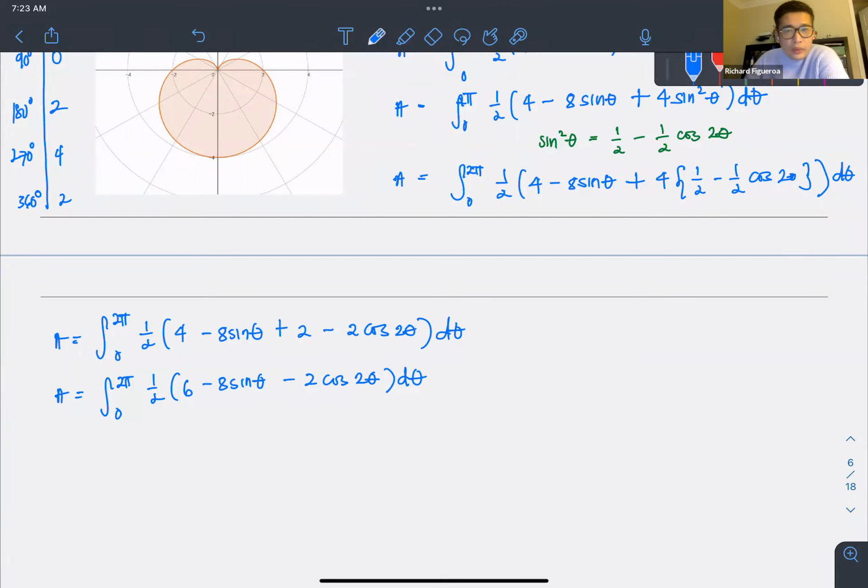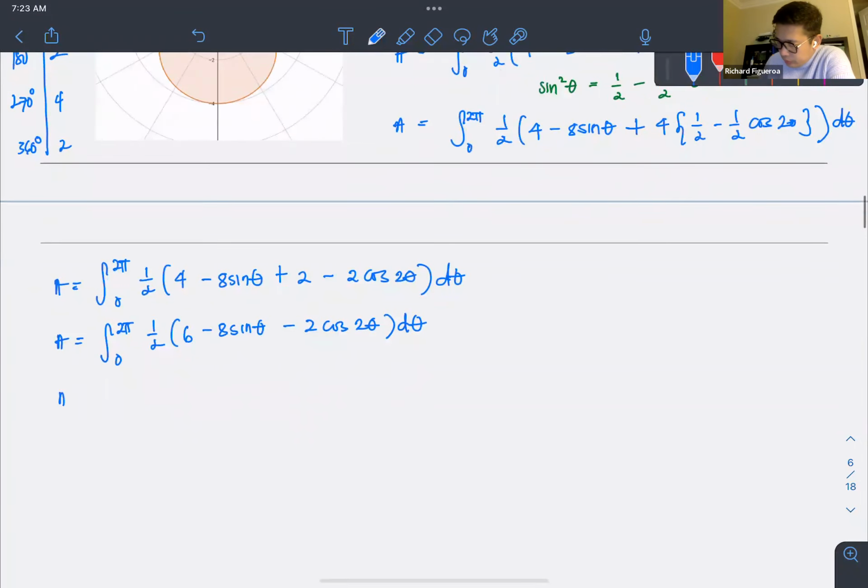So 4 plus 2 is 6, minus 8 sine theta minus 2 cosine 2 theta. And then we distribute 1/2. So 1/2 times 6 will be 3, minus 1/2 times 8 is 4 sine theta, and 1/2 times negative 2 is negative cosine 2 theta, d theta.